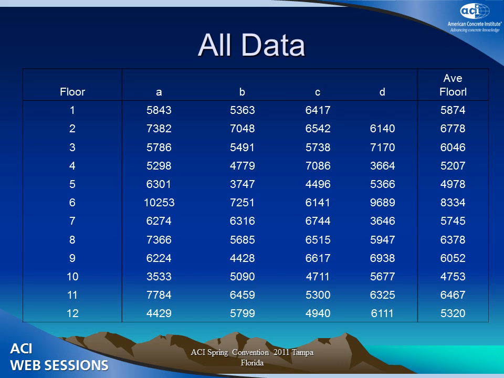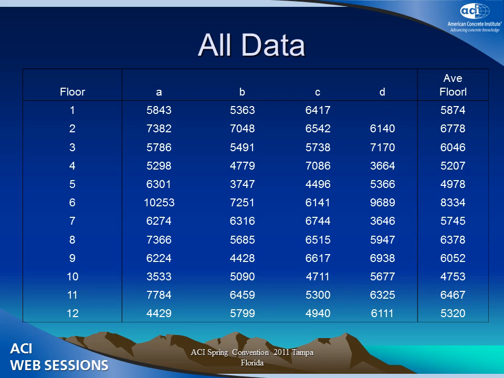This is all of the data that we had, and this is summarized by floor. And if you look at the averages here, they look fairly consistent. This is the floor. All of these had reinforcing in them. So in the final assessment, there's no data for 6 because we rejected all of those.